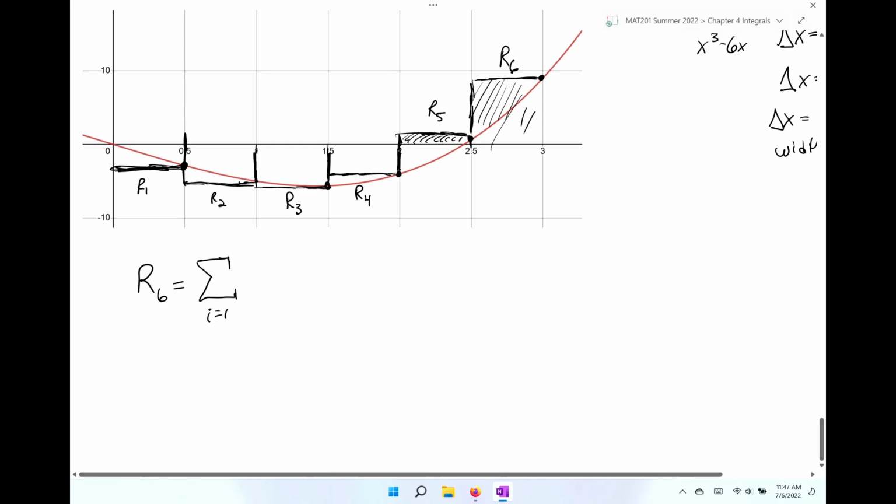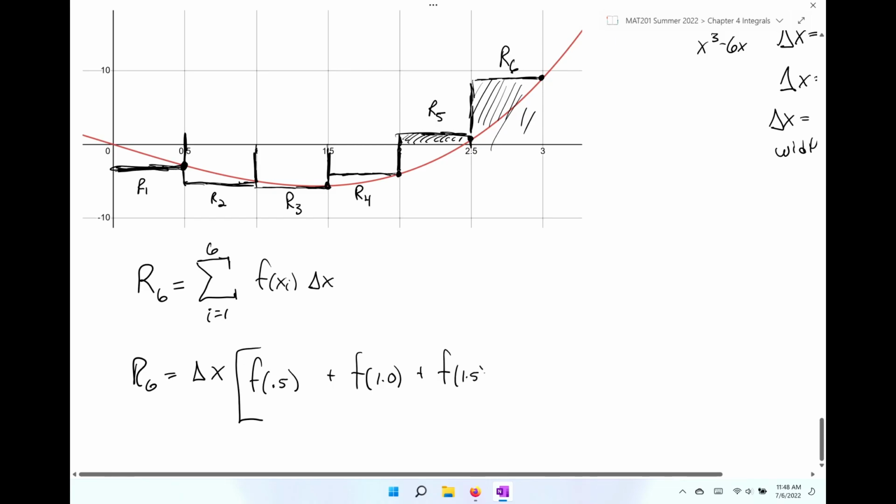Of i equals 1 to 6 of f of x i times delta x. Now, we know from earlier, we could factor out the delta x. So all we have to be concerned with is f of 0.5 plus f of 1.0. And we just keep doing this all the way up to 3.